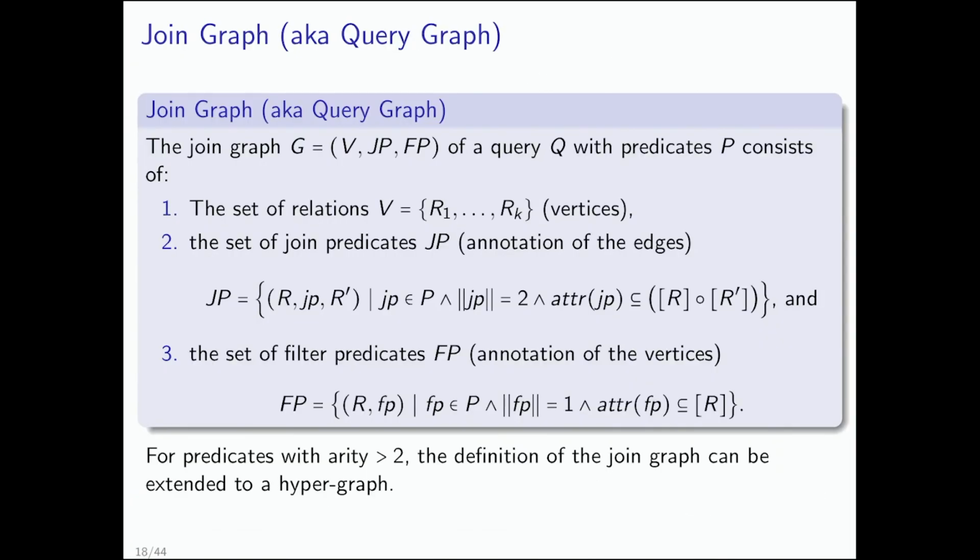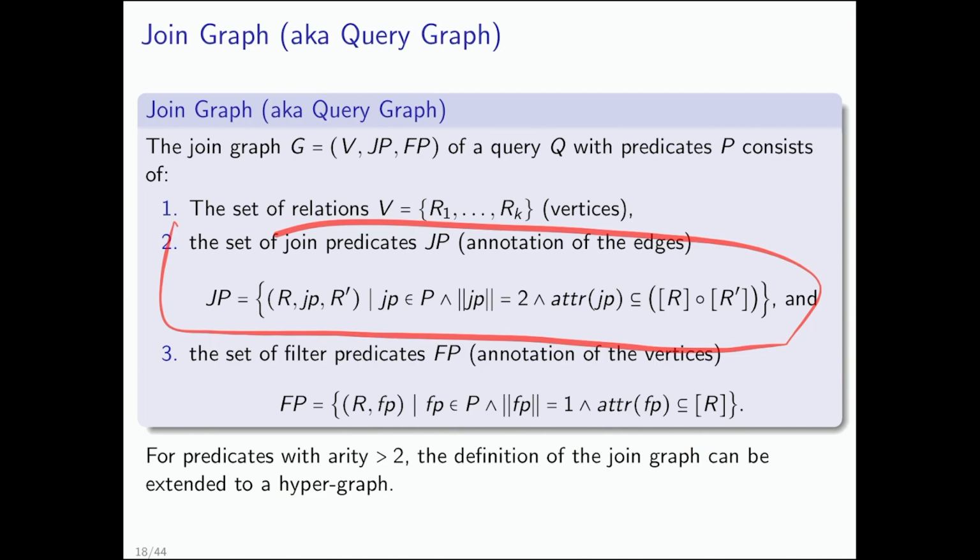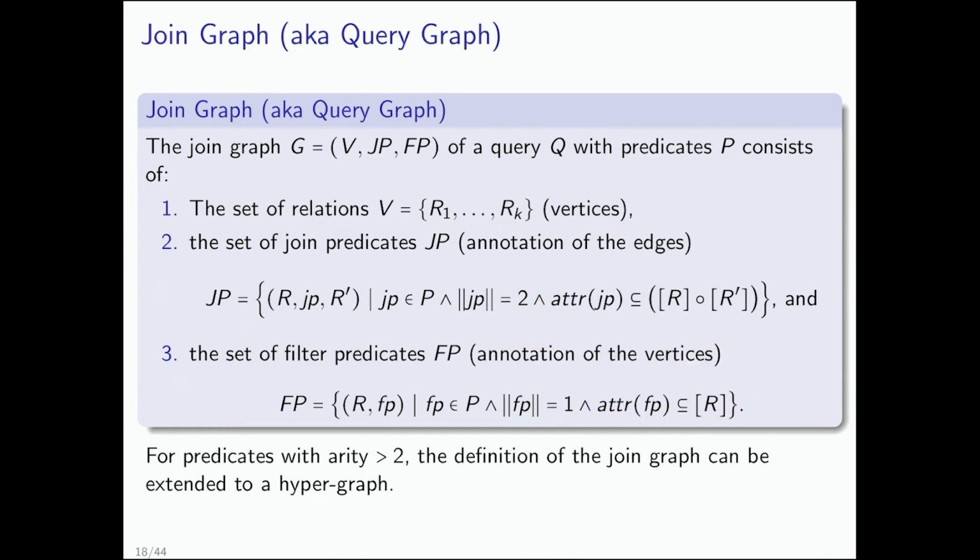Basically, you define a query graph like that, where you have a set of relations. Each of these relations is a vertex, aka node. Then you have the join predicates that form the edges. Those are the predicates of arity 2, as defined before. And then there are the filter predicates, which are annotated at the vertices. Those have arity 1. That's all you need for a join graph.